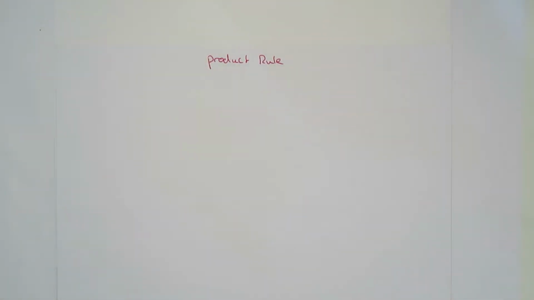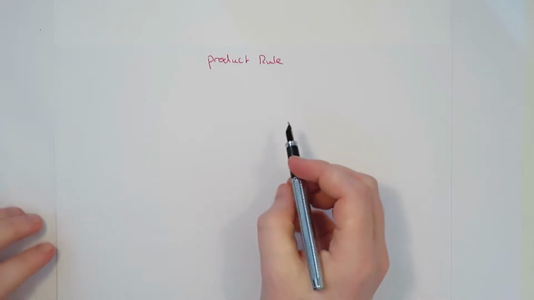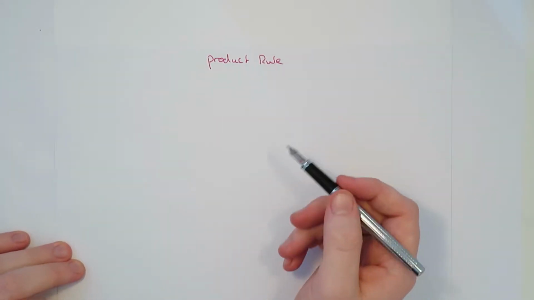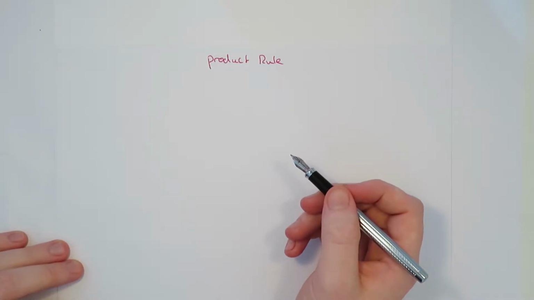A user on Reddit sent me a PM asking if I could go through some examples of using the product rule. So I thought I'd start with that today. This video isn't intended on showing you how to differentiate things.